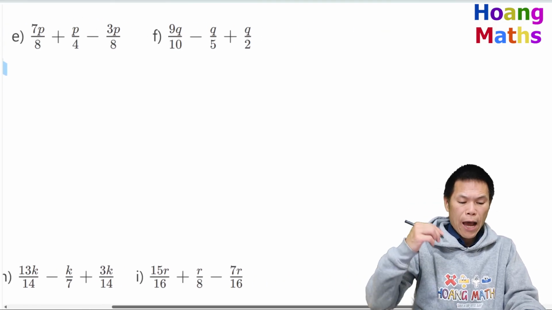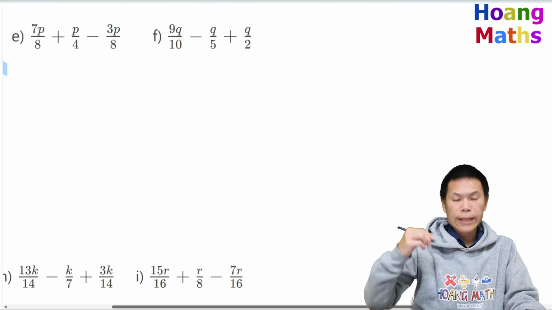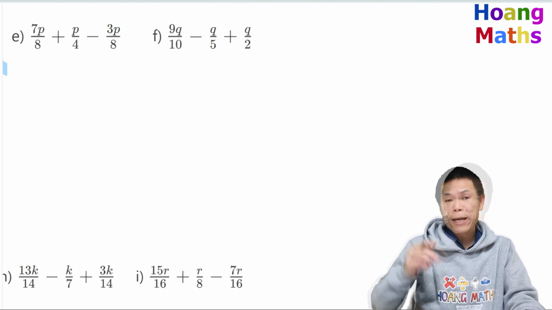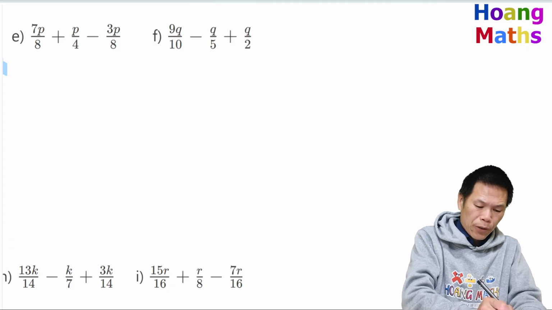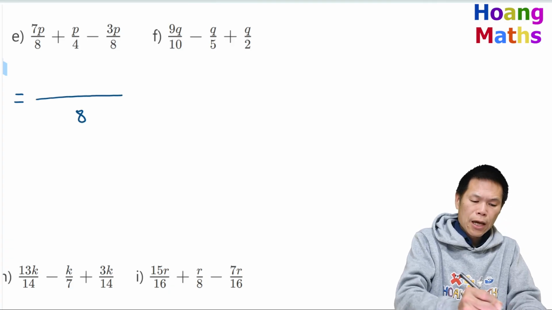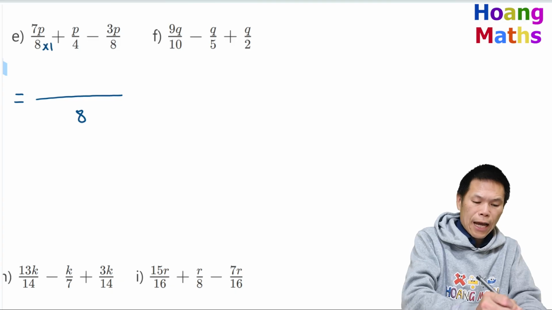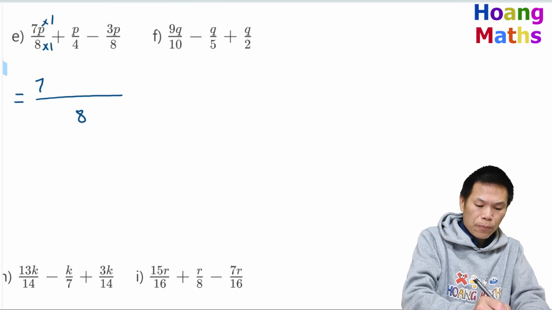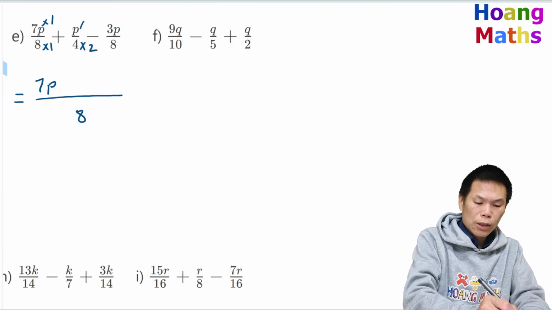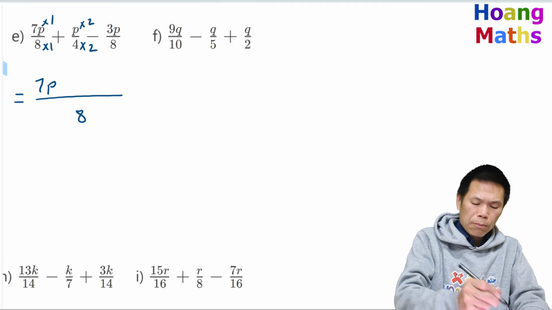So we have 8, 4, 8. Again, that is the denominator. So therefore, the lowest common denominator is 8. So I write equal to, I put that 8 first. From 8 to 8, I times 1. So top times by 1. So therefore, it is 7p. So from 4 to 8, I times 2. This is times 2. So that becomes 2p.